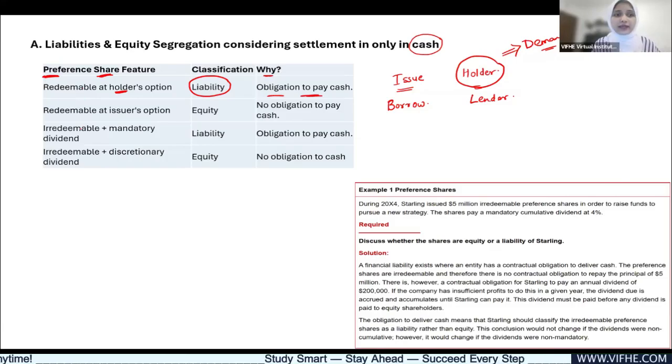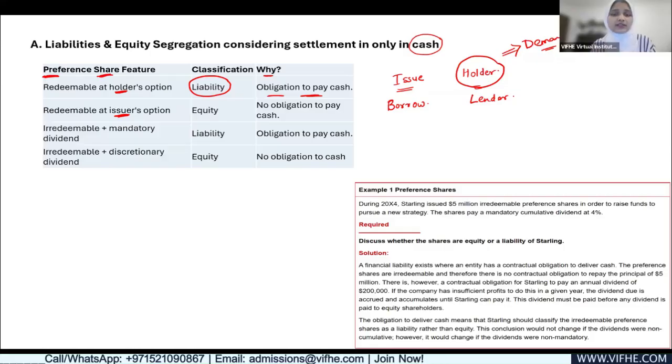Now coming to the second scenario, redeemable at the issuer's option. Here the issuer is the party who has borrowed money, and it is at the issuer's option to return the money.